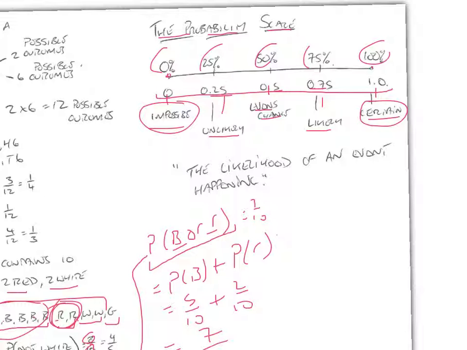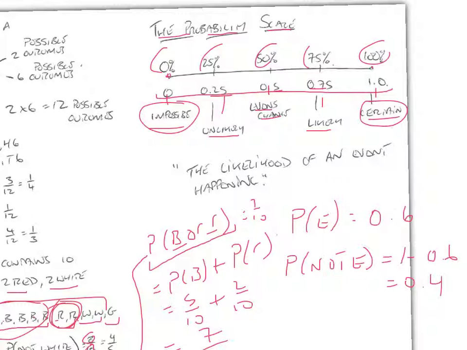And often, if we were to say that the probability of some event happening was equal to 0.6, or 60%, then the probability of it not happening would be equal to 1 minus 0.6, and that would be 0.4.